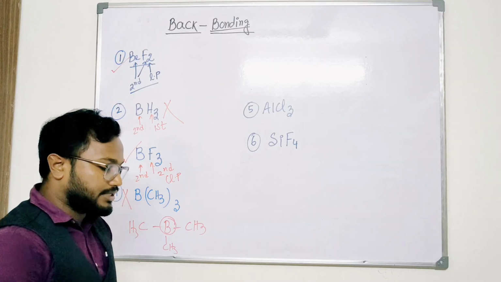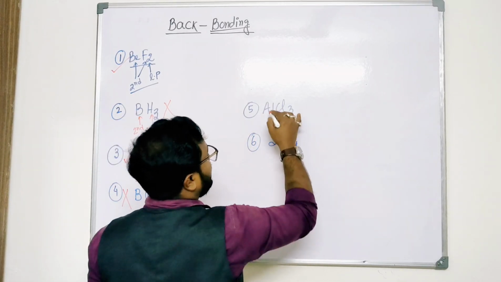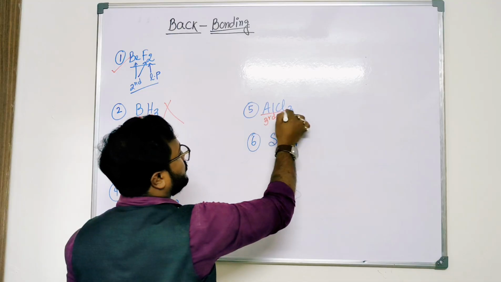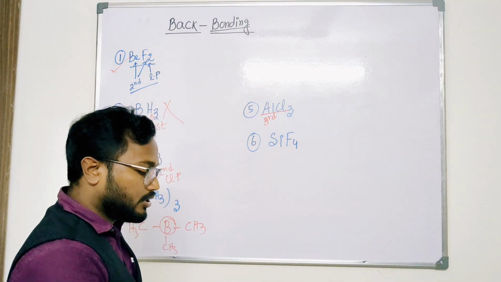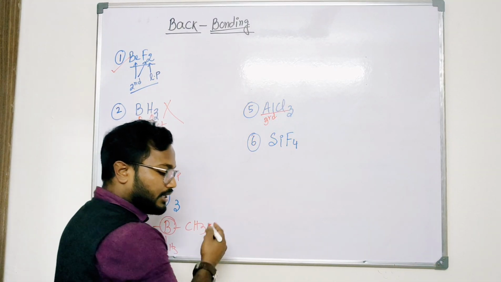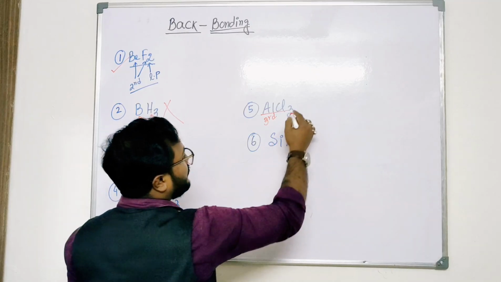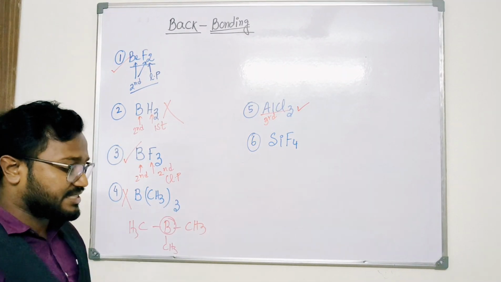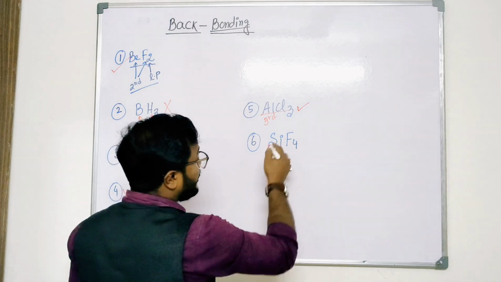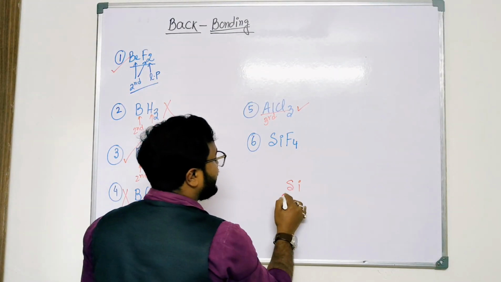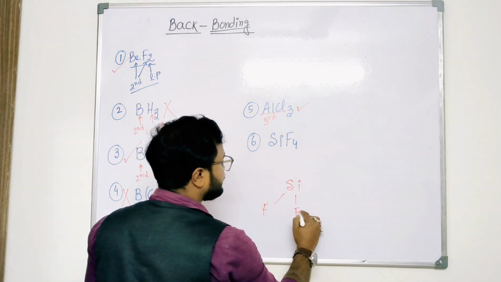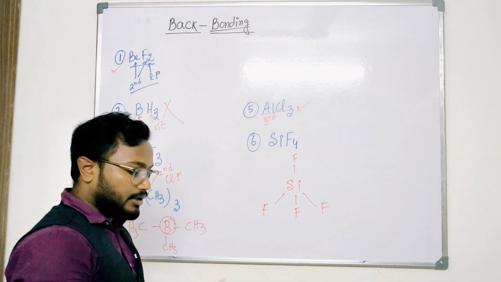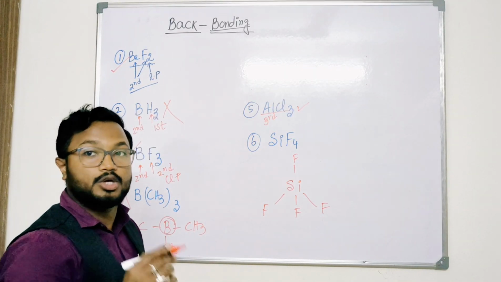We take AlCl3. In this case, both are third period elements, so there is a chance of back bonding. In case of SiF4, what is the criterion? See, in SiF4 it is completely filled, but fluorines also have lone pairs.